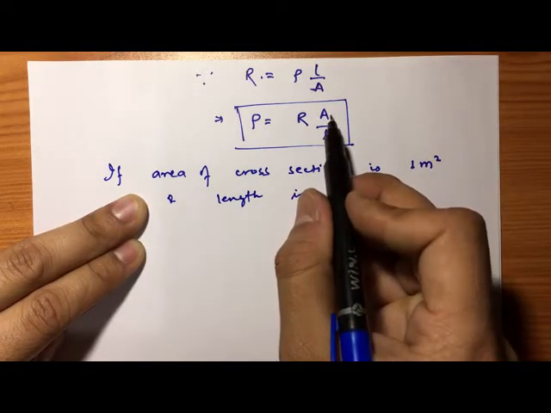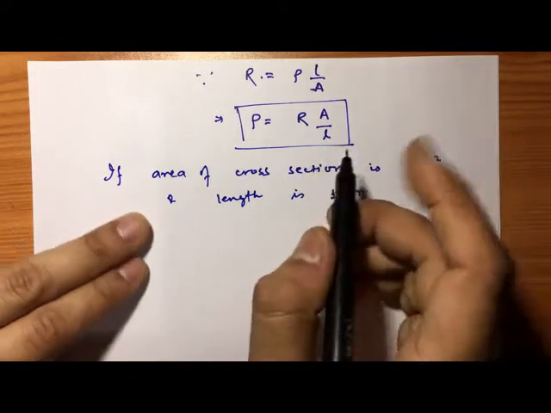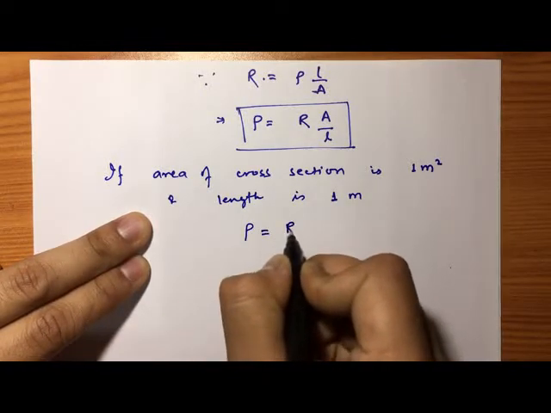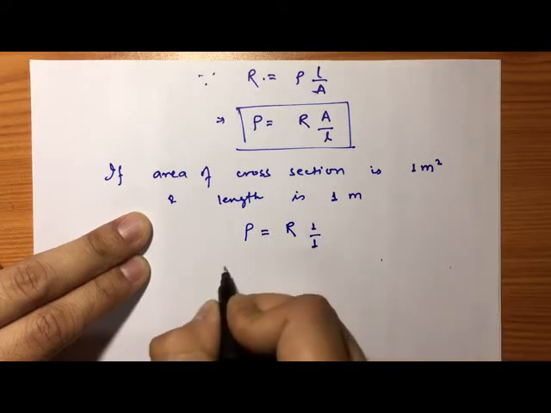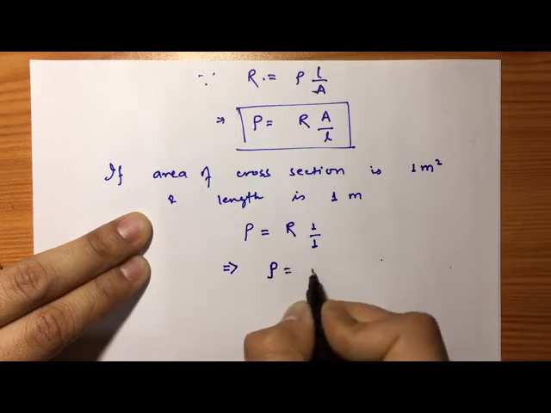If my A has value 1 meter square and L has value 1 meter, in that particular case, rho will be equal to R times 1 divided by 1, which implies that rho is equal to R.